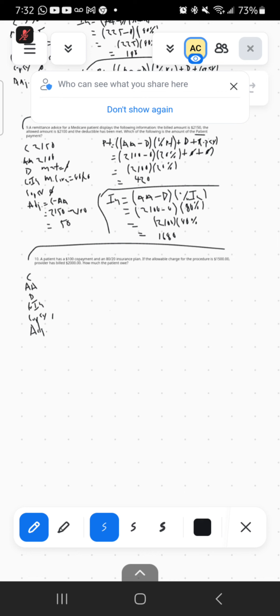Patient has a $100 copayment, so you put $100, 80/20 insurance. Allowable is 1,500, and a provider charge $2,000. It doesn't say anything about deductible, so you can say deductible is 0, and the adjustment is charges minus allowable.